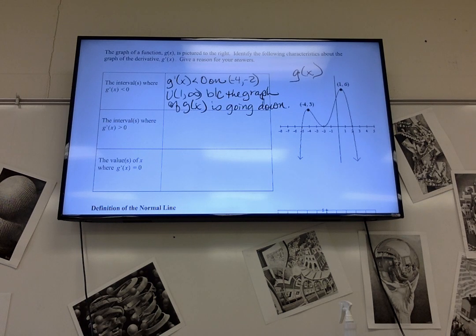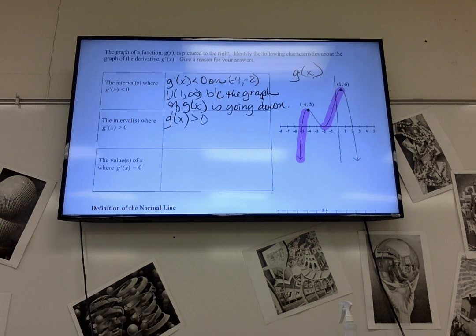Okay, the intervals where g prime of x is greater than 0. What's going to be going on in the picture? Going up. So, negative infinity to -4, yes. And -2 to 1, yes.